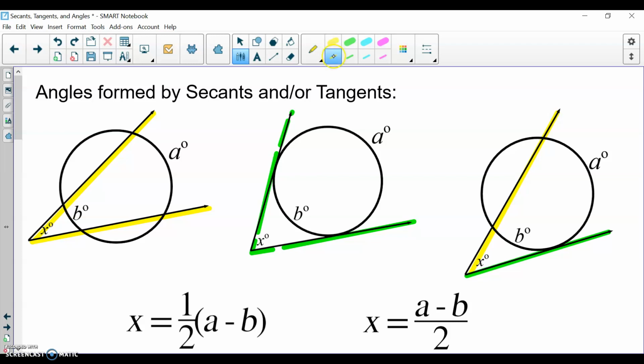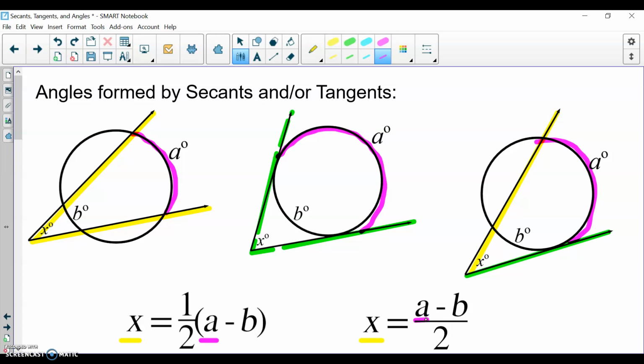So in order to find X for any of these situations, what we're going to do is take the bigger or larger intercepted arc A. So notice every single diagram has an arc A, right?